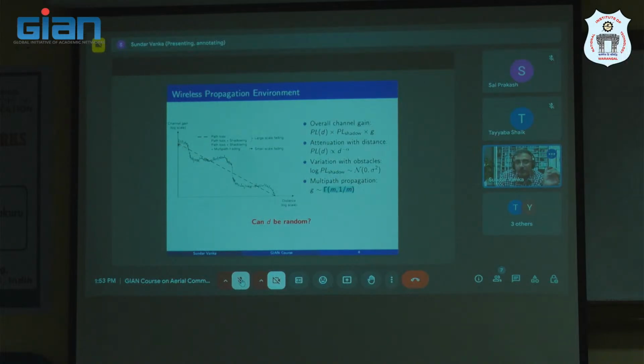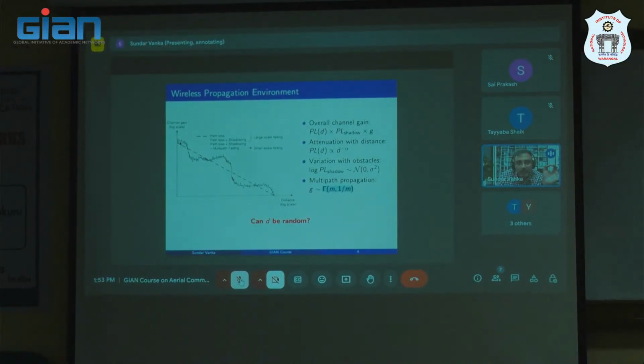So this dashed line is purely the distance part because you're moving away from the transmitter. This wavy line comes because of different obstacles. This jiggly line, which is changing very fast, is because of multipath fading, which is basically scattering effects.